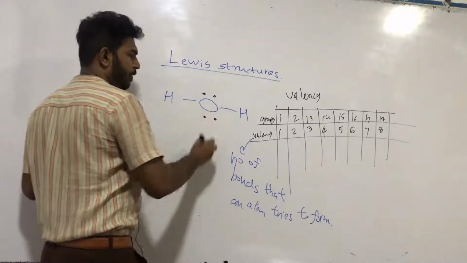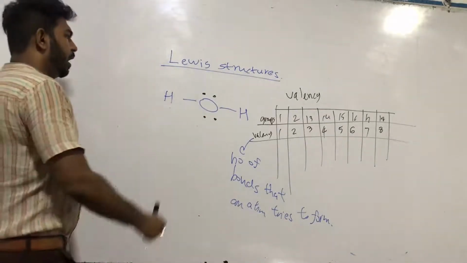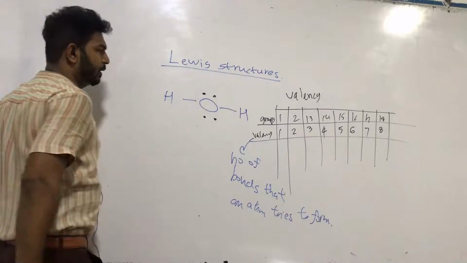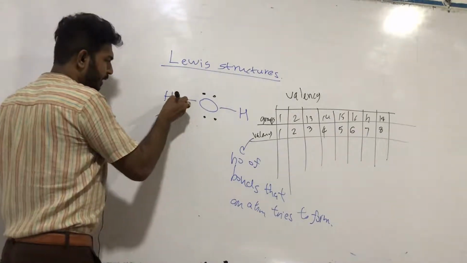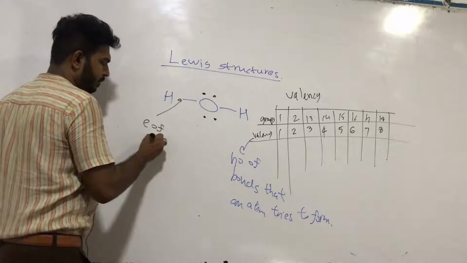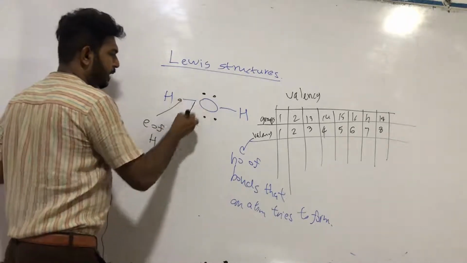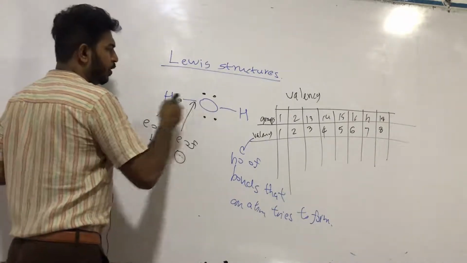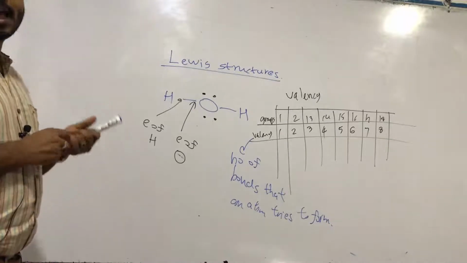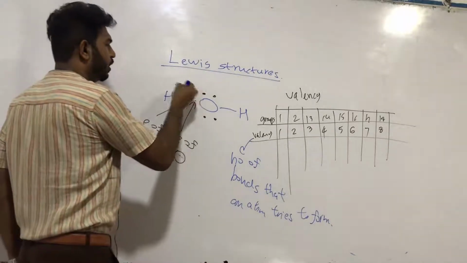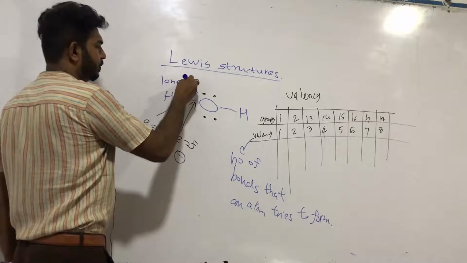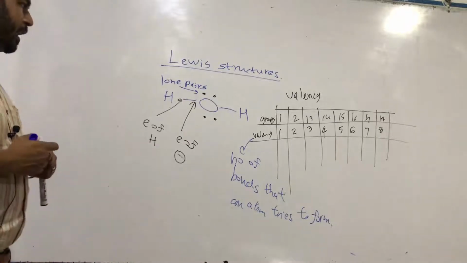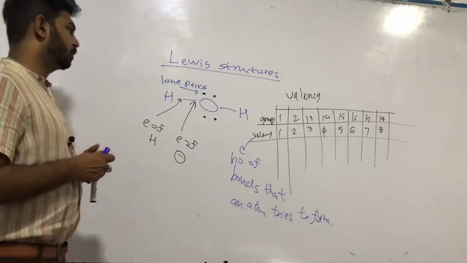The hydrogen has 1 electron, and it shares it here. This hydrogen has 1 electron, and it shares it here. This is the electron of hydrogen, and this is the electron of oxygen. We call these remaining electrons lone pairs of electrons.